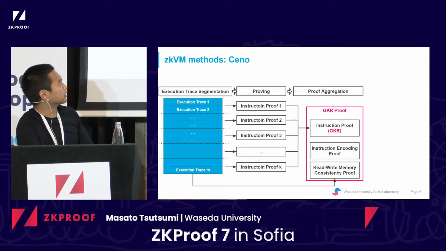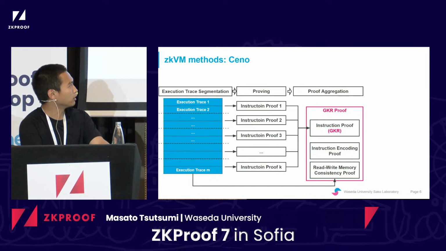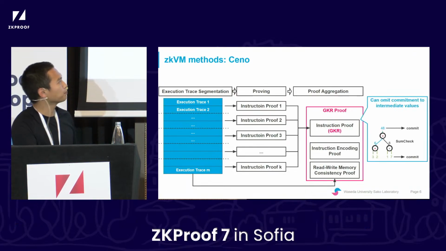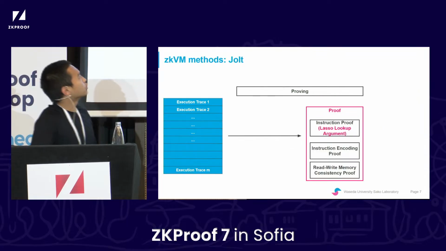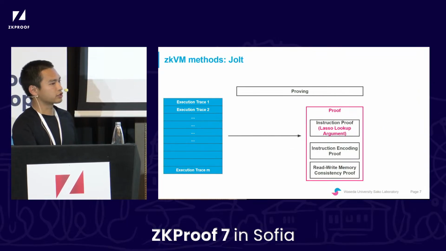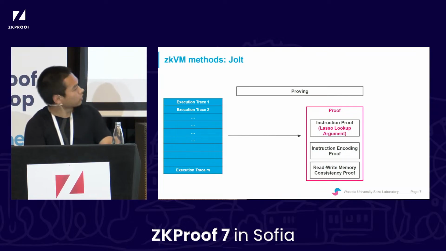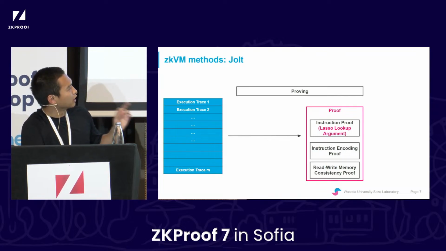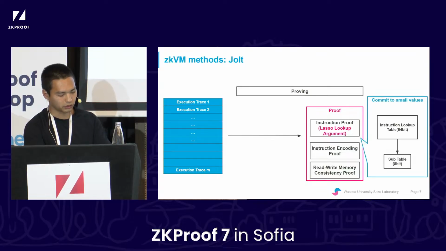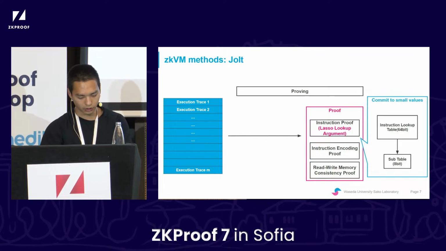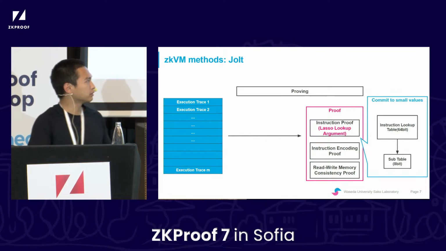Ceno also uses continuation, and the major difference is its adoption of the GKR proof system. And Jolt currently doesn't support continuation. Jolt adopts the Lasso lookup argument, which looks up the results from a pre-computed result table instead of executing instructions through circuits.